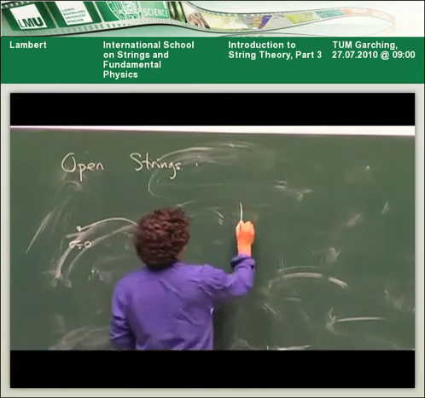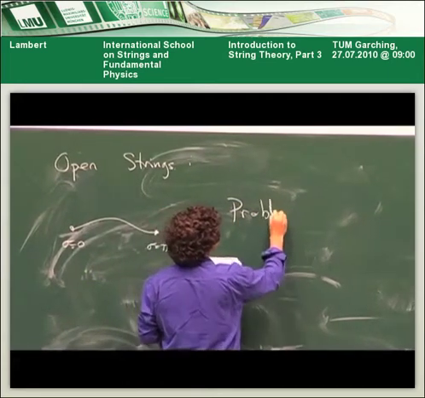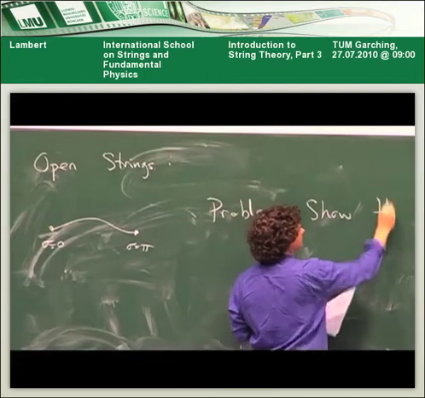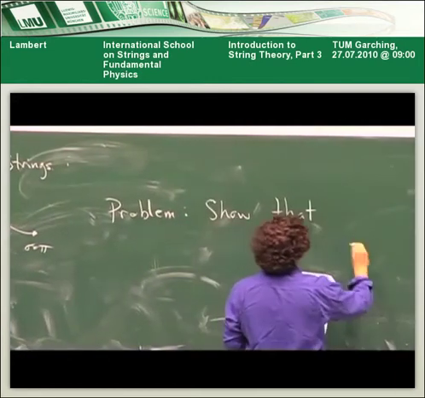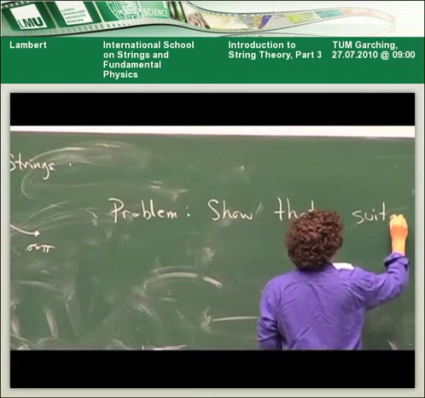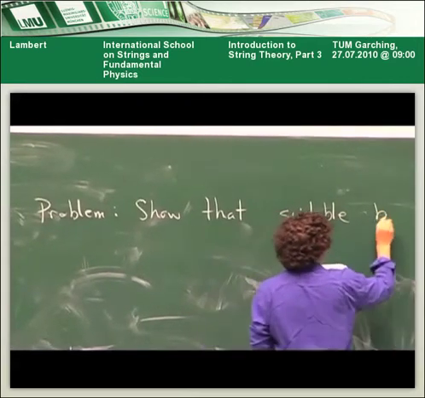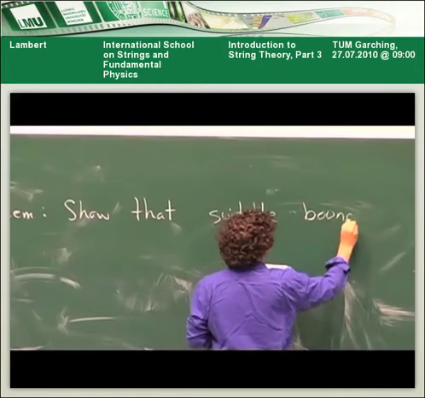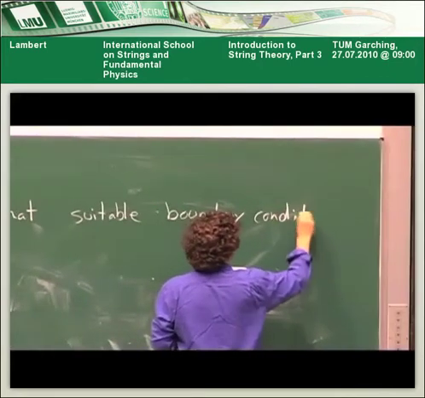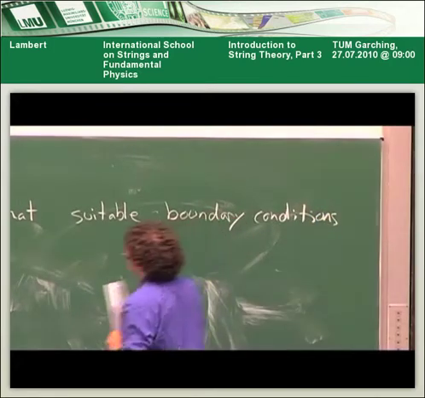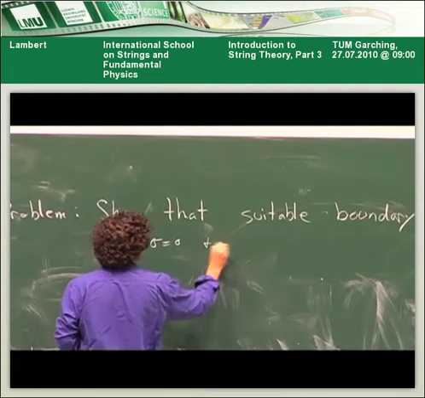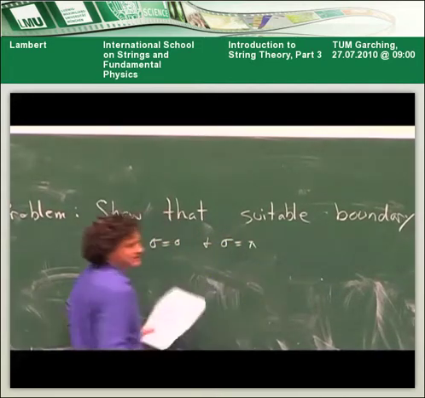As a problem, show that suitable boundary conditions hold at sigma equals 0 and sigma equals pi, and you treat the boundaries separately.